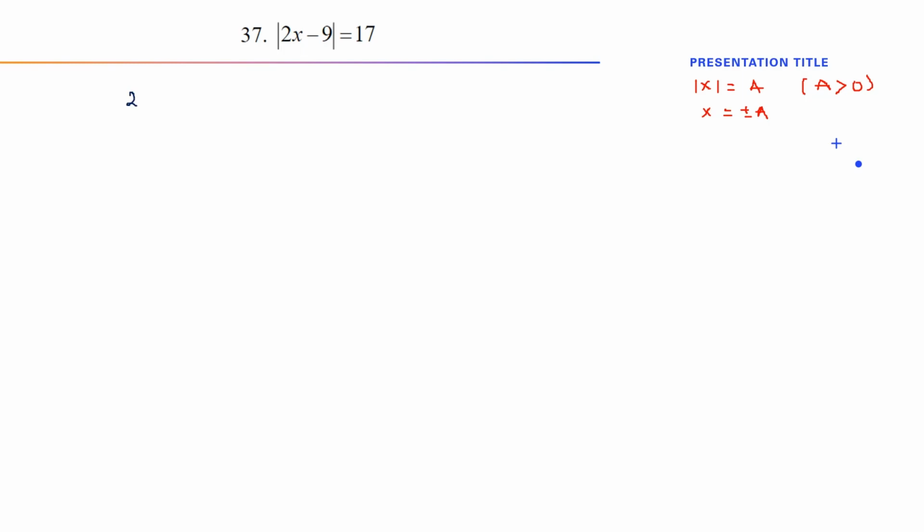We have 2x minus 9 inside of the absolute value. So we set it equal to a, which is 17, and 2x minus 9 equal negative 17. Now we add 9 to both sides to isolate the 2x on the left hand side. That makes 26.